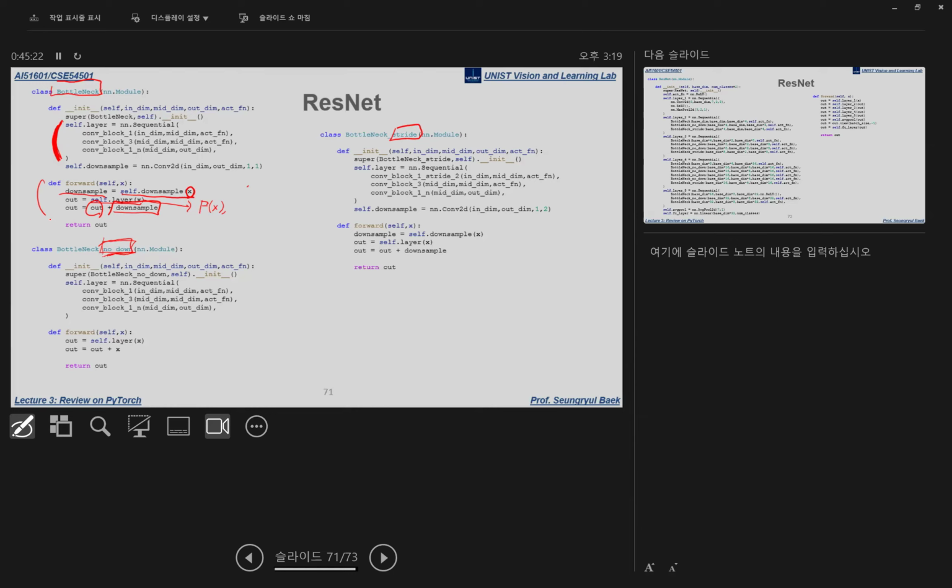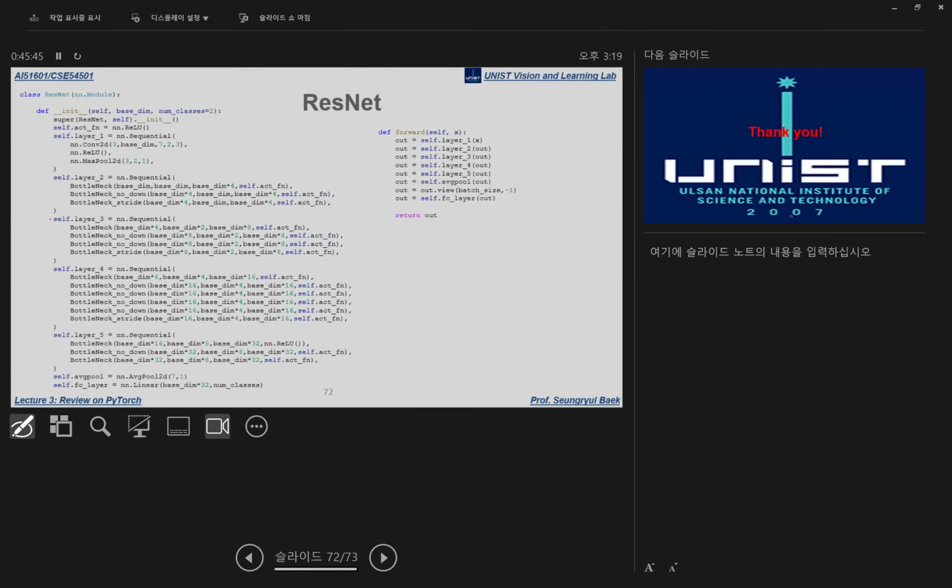If you implement this type of thing without using PyTorch, you have to also consider how to differentiate the gradient. But because you are implementing all of this using PyTorch, you don't have to care about the backward. Many things become convenient, thanks to PyTorch. And this is the overall architecture of the ResNet. There are multiple bottleneck layers.